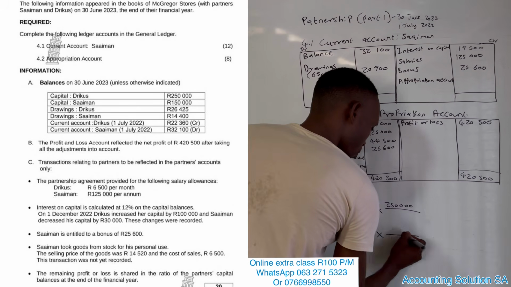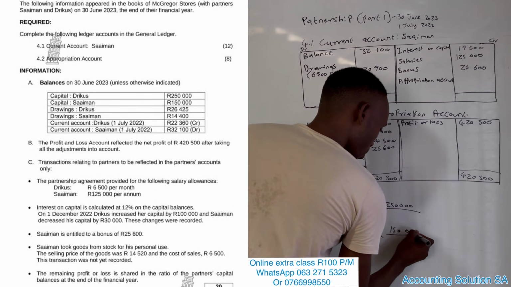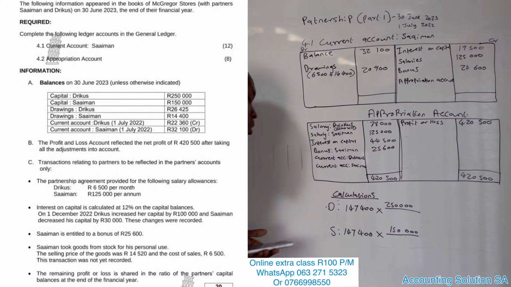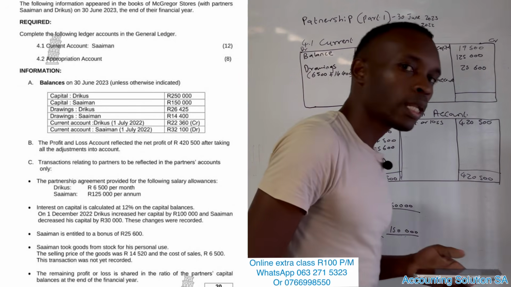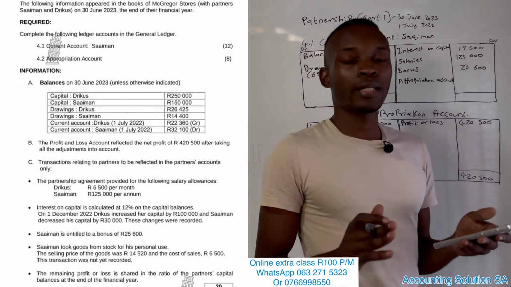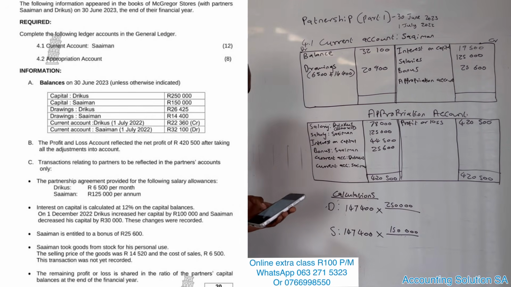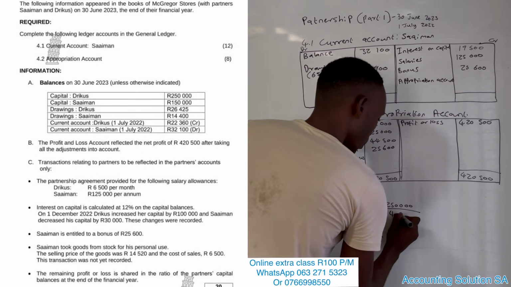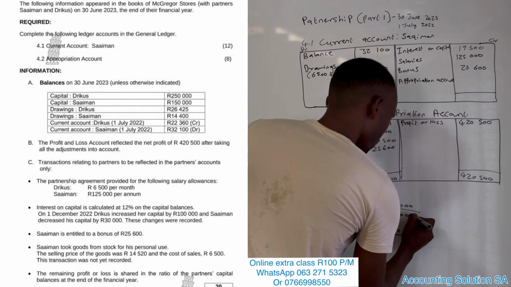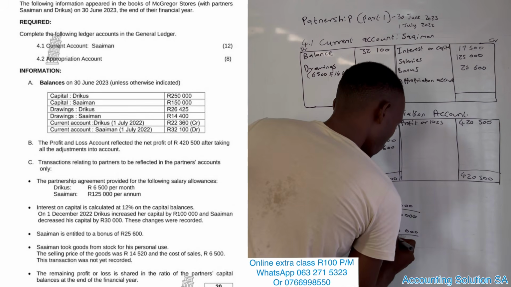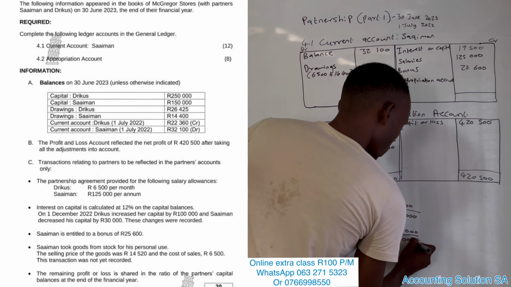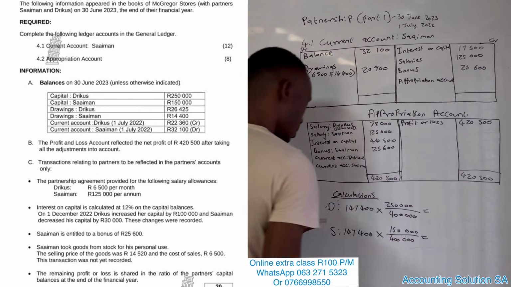Simon 150 over total. Okay, guys, total is when you add everything. 250 plus 150 is the total, which means that in this case the total will be 400, 400,000. And let's see how much here.